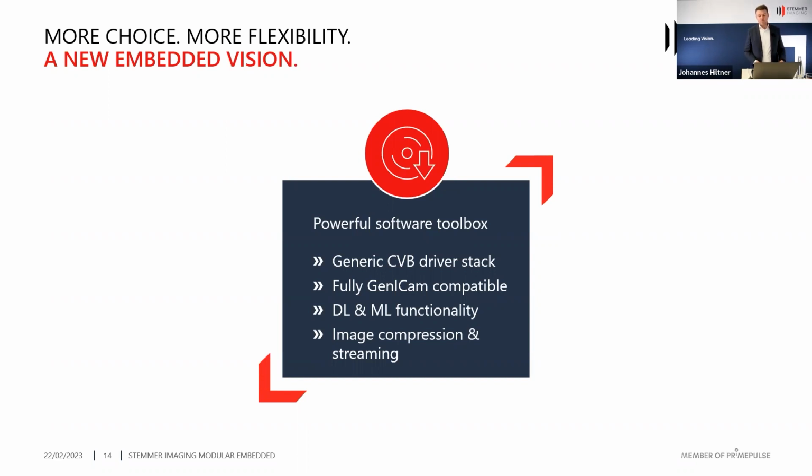Image compression, so there's off the shelf the H.265 streaming conversion integrated, and it also comes with a GigaVision server, allowing the application developer to visualize the device as a video stream or as a GigaVision device by itself. So with this powerful software toolbox and driver stack, this basically allows zero to none implementation efforts for camera integration into our ecosystem.